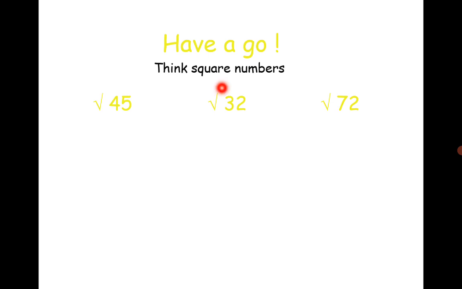Alright, this is for you to do. Can you in the same way find root of 45, root of 32, and root of 72? Just a few seconds for you to think about this.